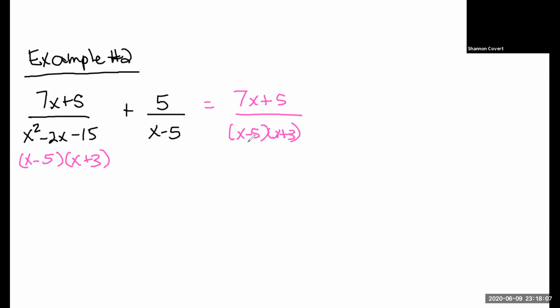The first fraction is 7x plus 5 all over x minus 5 times x plus 3. It's the second fraction that I'm going to need to do some work with because it's missing something. It has the x minus 5, but it doesn't have the x plus 3. So I'm going to have to multiply numerator and denominator by x plus 3.